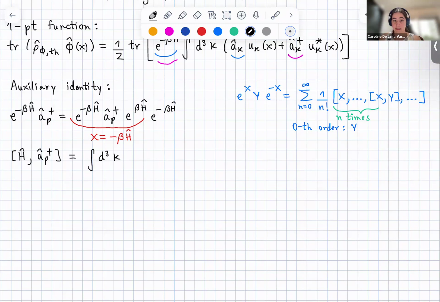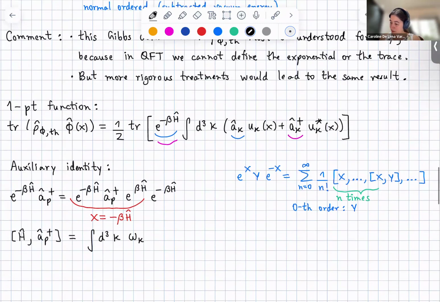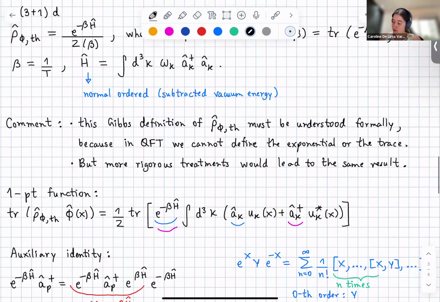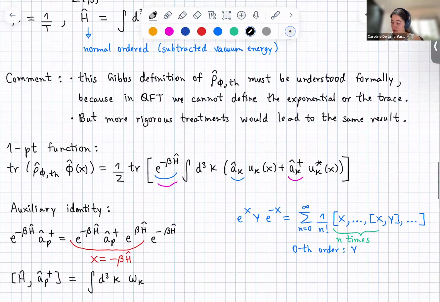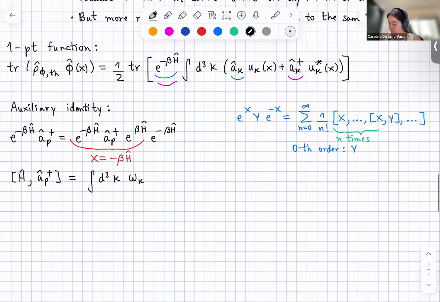I can just pull out the integral, so I have omega k. Remember that I wrote here what the Hamiltonian is, so I'm just rewriting it here. Then I'm going to have some commutator between a_k dagger a_k with a_p dagger.